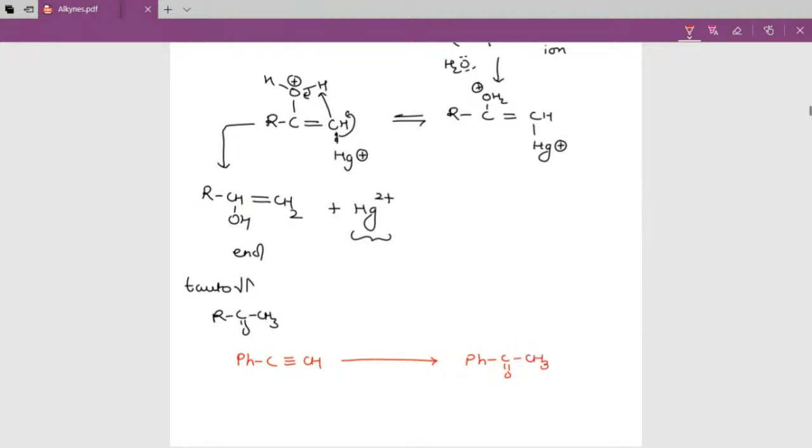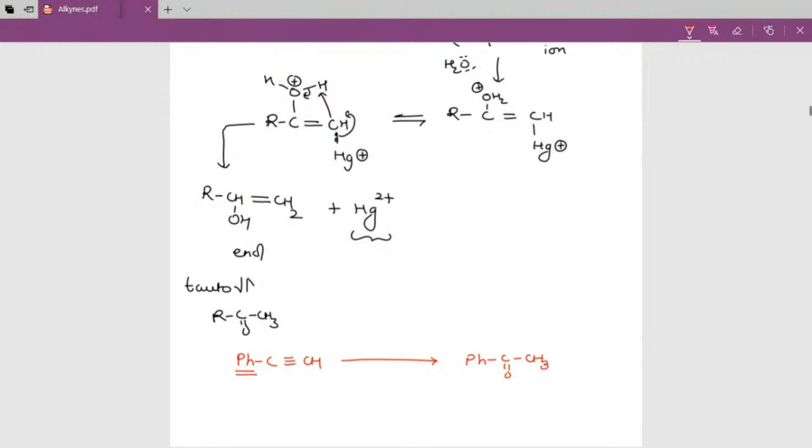PhCOCH3. As the stability of the carbocation becomes more and more, a free carbocation could be formed. So don't go by the strict idea that it is going to be a Markovnikov, because you might think that Ph is there, carbocation may come.